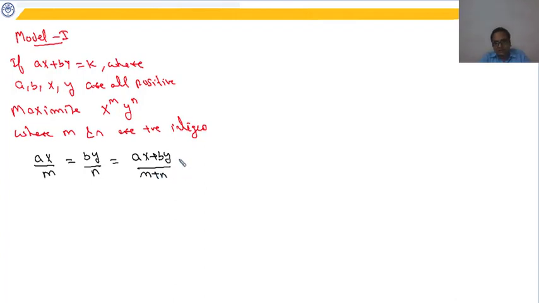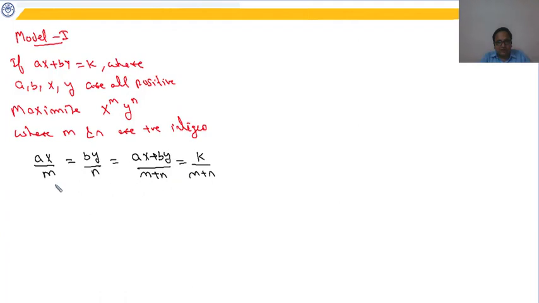So from here we got this value as k upon m plus n, because ax plus by value is given as k, a constant.